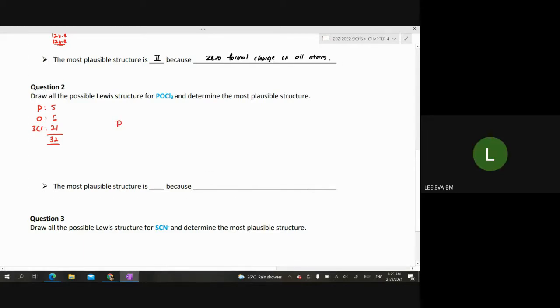Phosphorus is sitting in the middle, yeah? Because phosphorus is the least electronegative, you can refer back to your periodic table to check the electronegativity. Surrounding it, it has 4 more atoms: we have oxygen and another 3 chlorine. So now this is step 1.